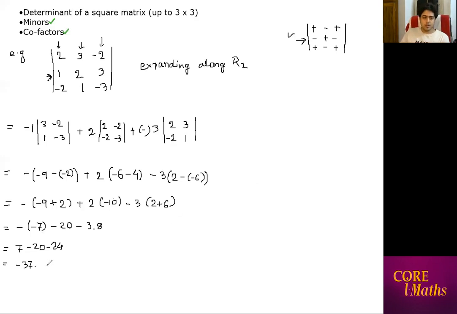So it will be the determinant value of that 3 cross 3 order matrix.